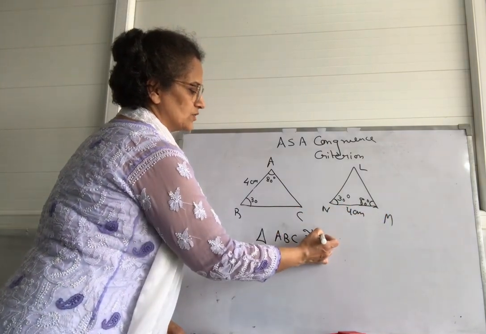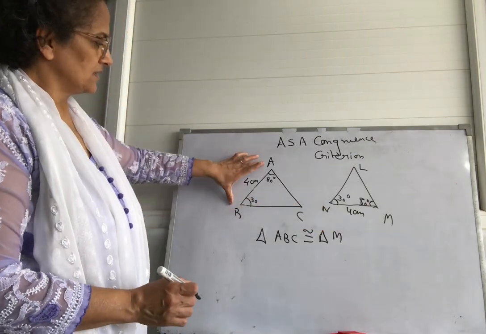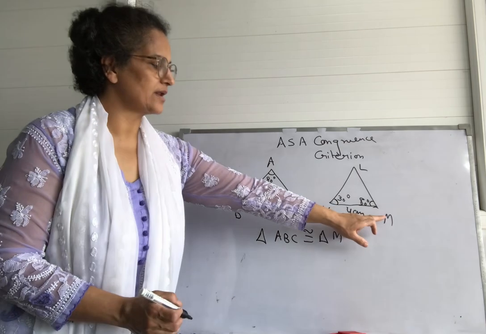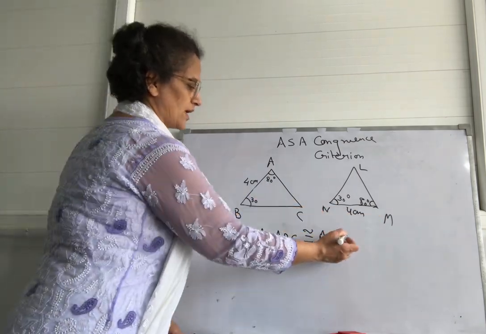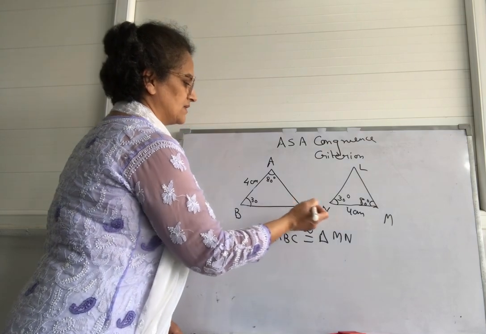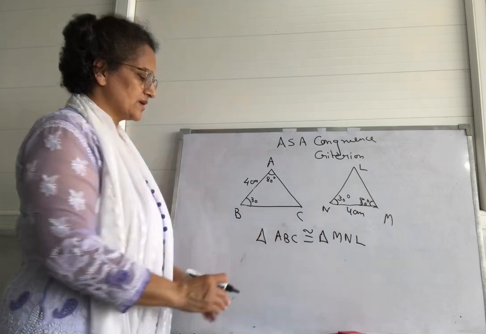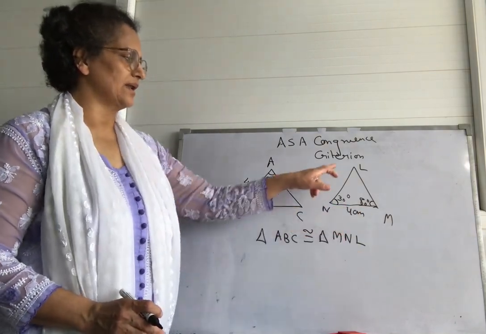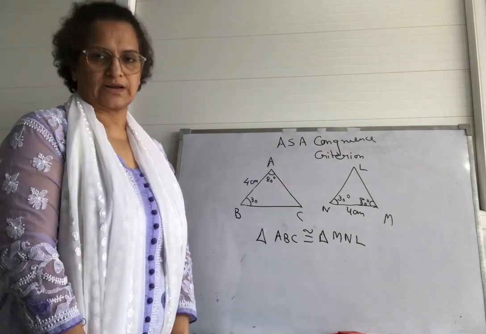A corresponds to M. This is AB and this is 4 centimeter. Here MN is 4 centimeter. So B corresponds to N and C corresponds to L. So we can say triangle ABC is congruent to triangle MNL by ASA congruence criterion.